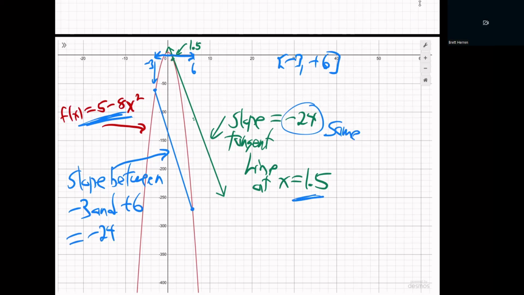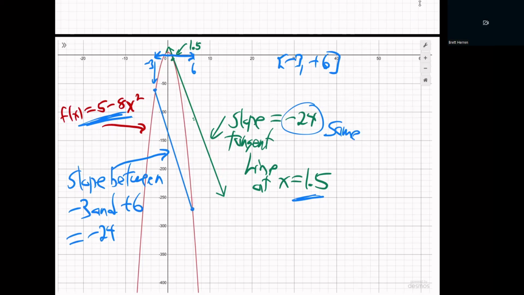See that? Whenever you have a function and you have two points and you calculate the slope between those two points, somewhere along the curve between those points you'll have a point, here at 1.5, where the slope of the tangent line is exactly the same. They're parallel. That'll always happen if you have a continuous function.